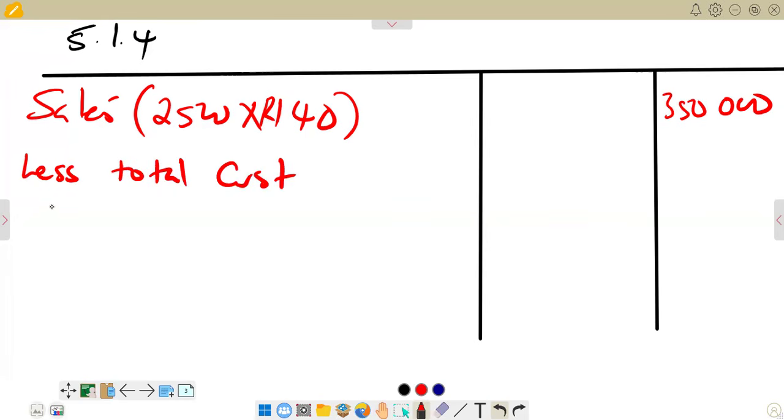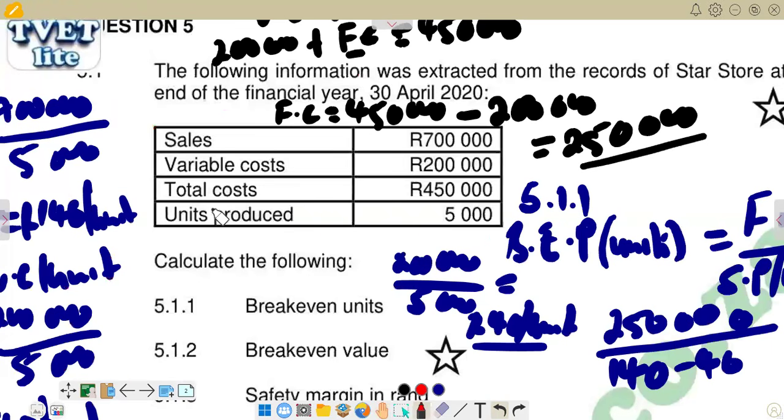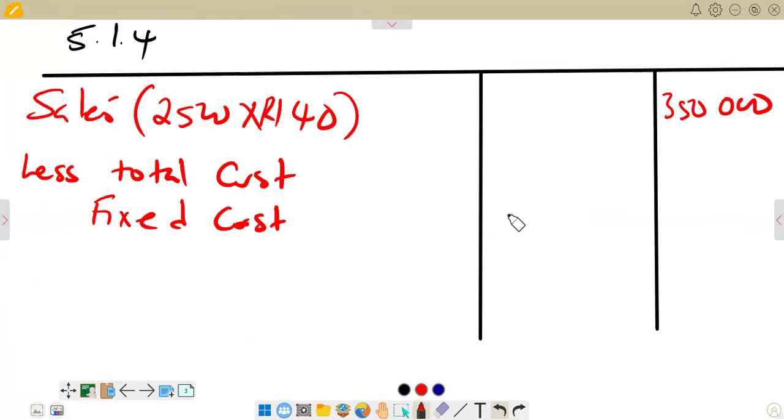The total cost we are saying is variable cost plus fixed cost. Remember, fixed cost doesn't change with the level of output. So we are just taking the fixed cost that we have in the question. It applies at every level of output. Fixed cost, we calculated earlier and it was 250,000. So we're going to say 250,000 for our fixed cost.